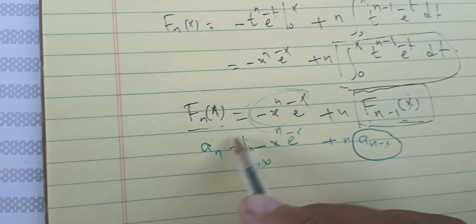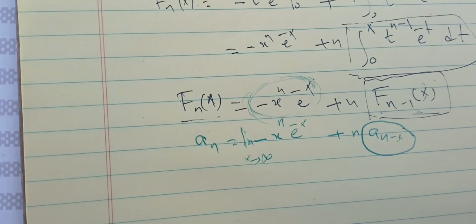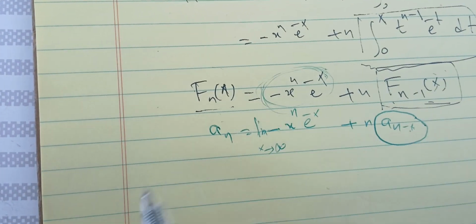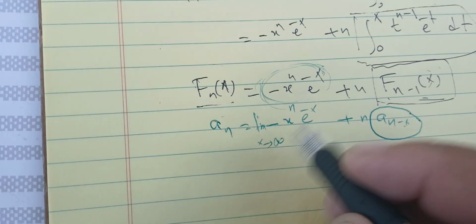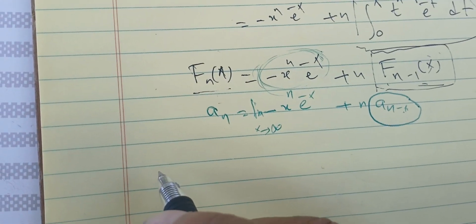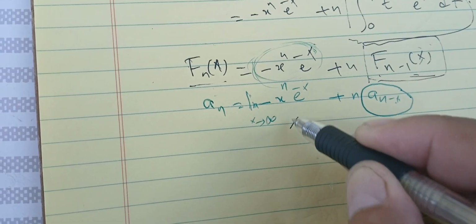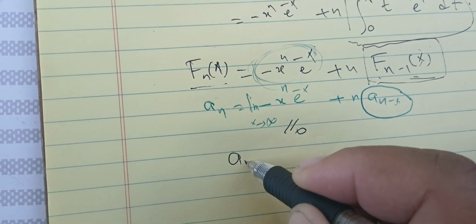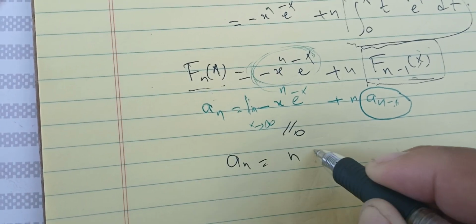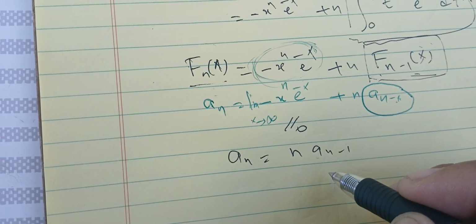And here, we need to prove this limit here. That's the key. So what's this limit as x goes to infinity? We can prove that this one is 0, and we have proved that using L'Hopital's rule. So this is 0. Therefore, we have a_n equals n times a_(n-1).